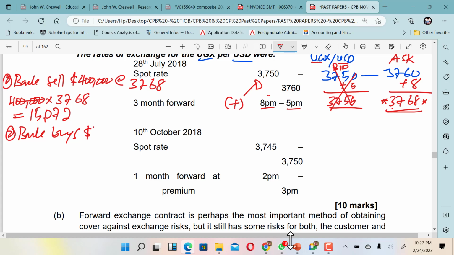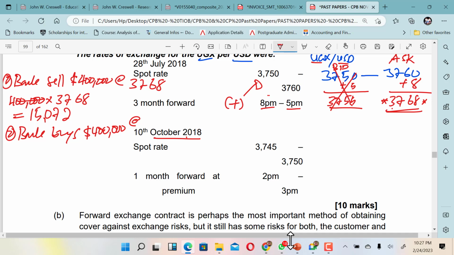So the bank will buy 400,000 USD from the market at the prevailing market rate, the spot rate of that date. So we need now the spot rate on the date of default. Remember, the maturity date was supposed to be October 2018. And this is the date that we're going to close out the contract because XYZ Limited has defaulted.